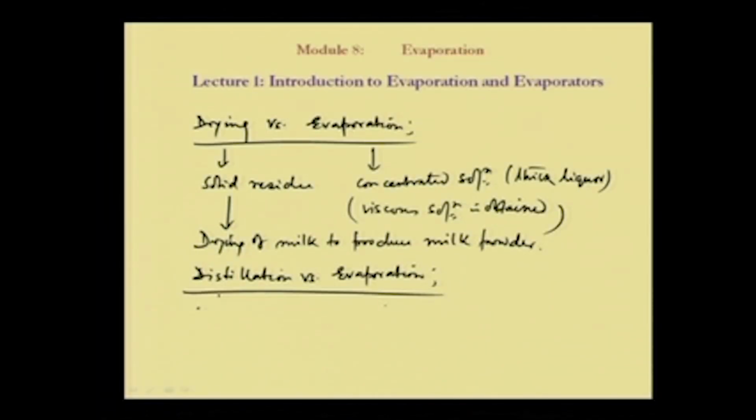We can never distill it, because the amount of glycerine in the vapor phase along with water vapor is almost nil, almost negligible. So no separation is possible that way. This is the difference between distillation and evaporation.